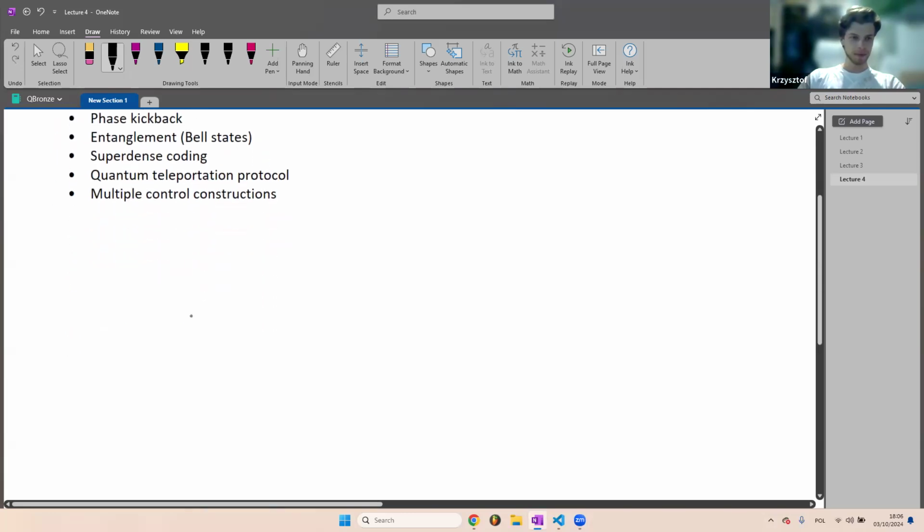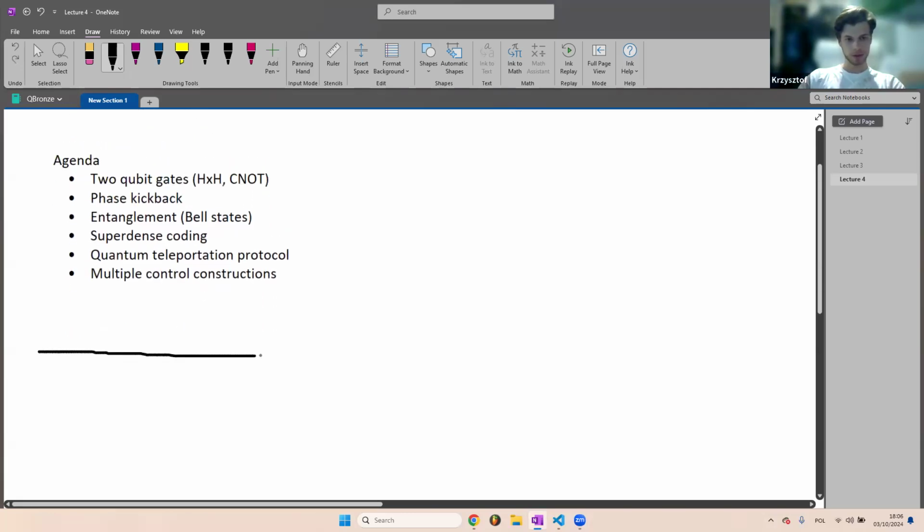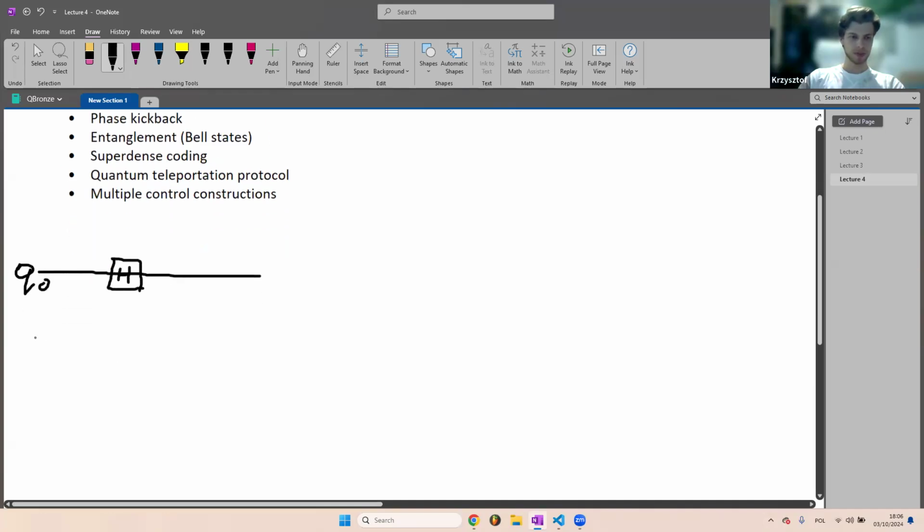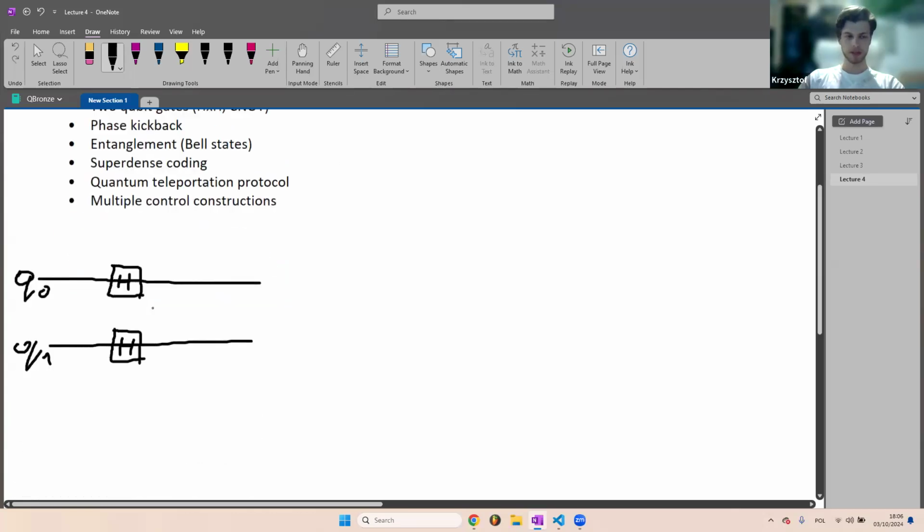So to begin with, I'd like you to think about what it means, and what is the matrix representation, of applying the Hadamard gate to both qubits. You may now be familiar with this notation of wires and gates as blocks.